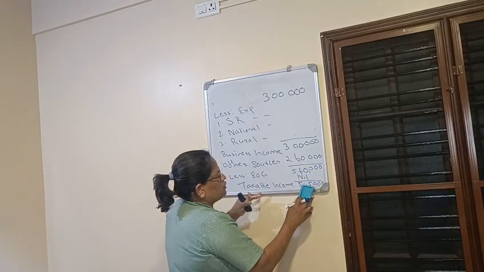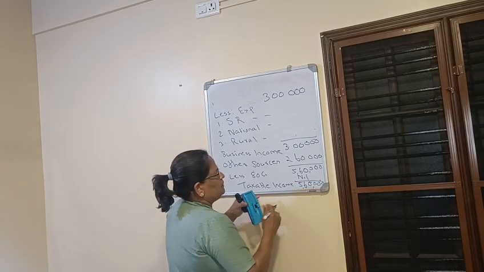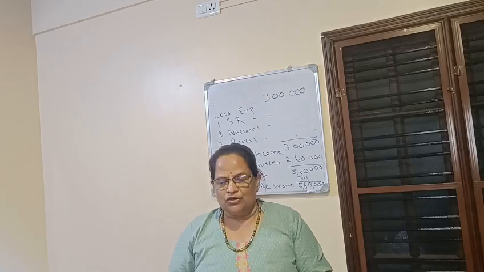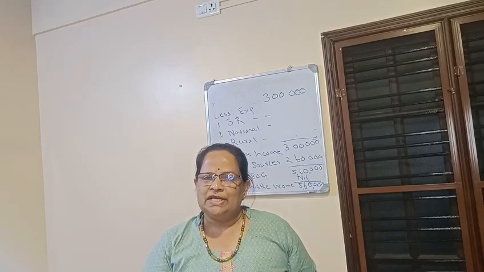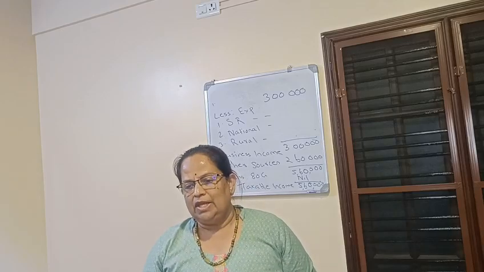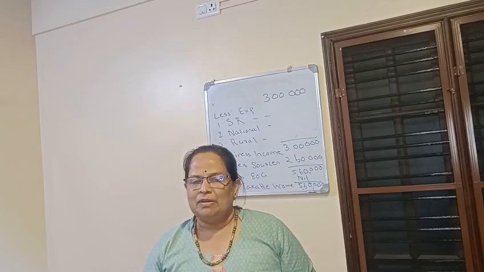Total income will be 5,60,000 taxable income, because there is no 80G deduction. I worked out this problem to compare the old tax regime and the new tax regime. Now we have completed these two computations.